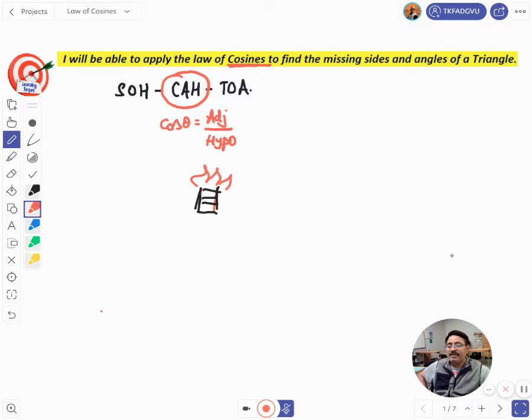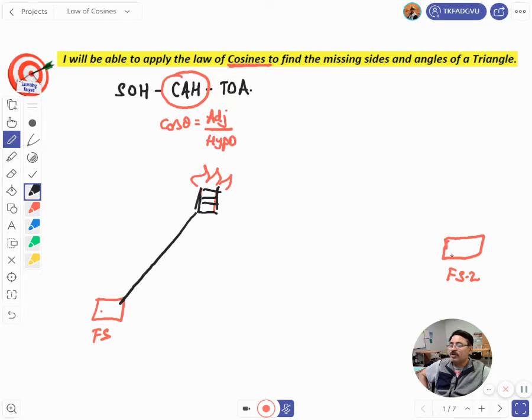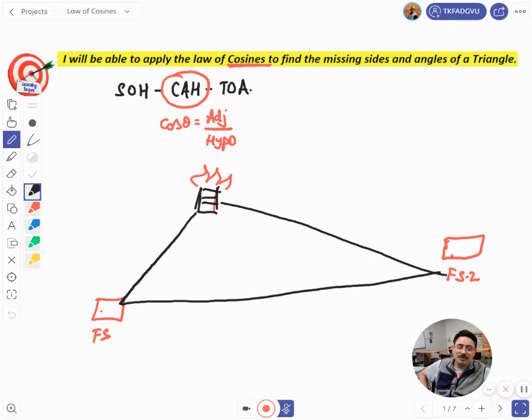One fire station is here, one fire station is here, and another fire station is here. Let me name this one FS2. One looks like it's close, but the angle is different, and the other one is this one. And to which fire station? My apologies, the diagram is not so good.